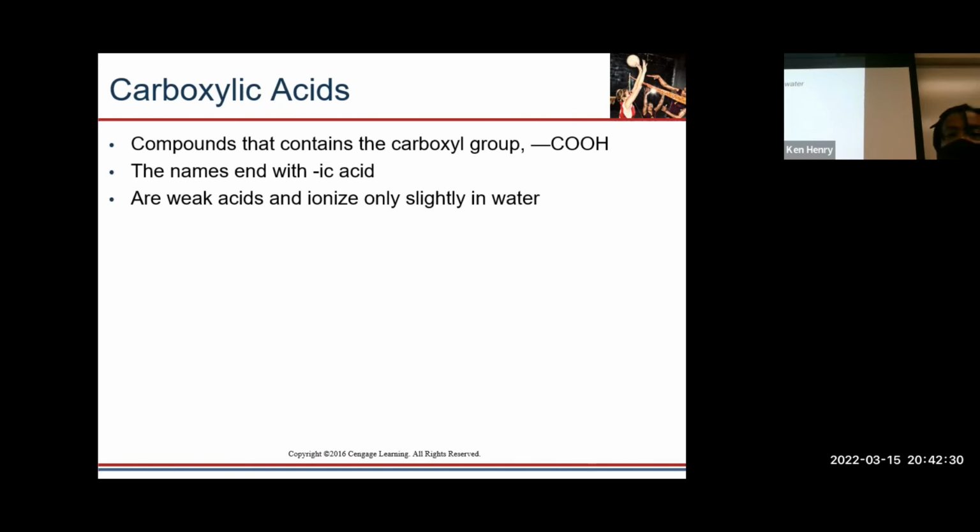Okay, so the last one is carboxylic acids. Carboxylic acids are going to have this C, I know you can't see it, that COOH. Now the structure for the COOH is this.